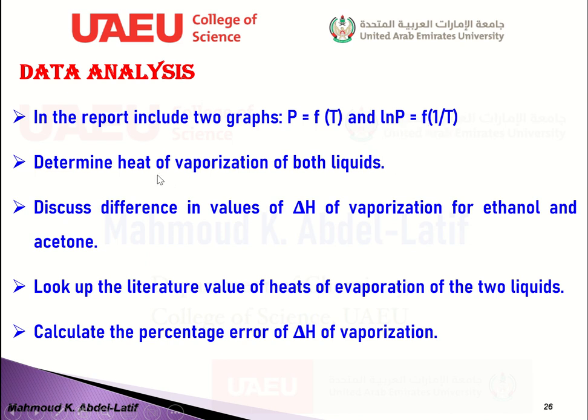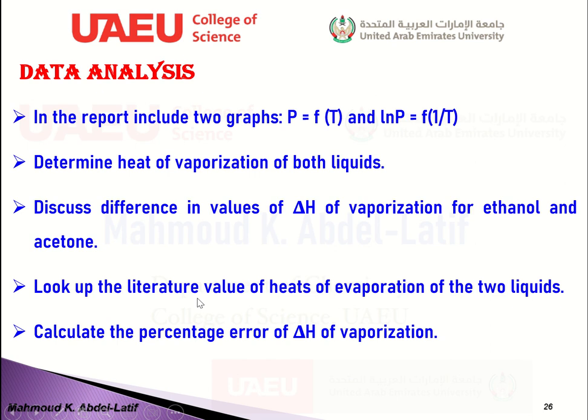You need to determine the heat of vaporization for both liquids, acetone and ethanol, and discuss the difference in the value of delta H of vaporization. You will find one is higher than the other. You should comment on why, referring to the intermolecular forces between like molecules in each solvent.